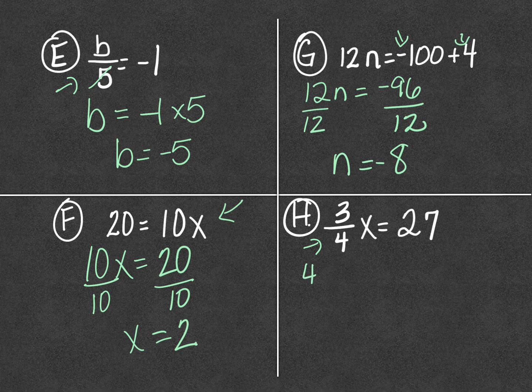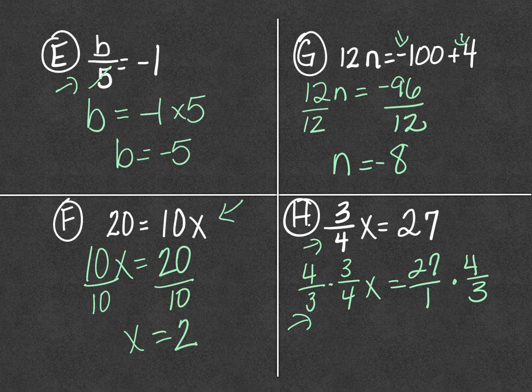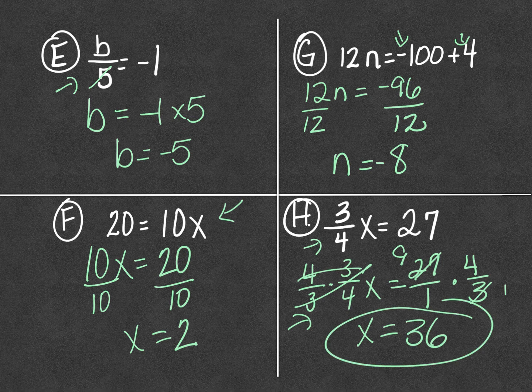So if you multiply 4 over 3 times 3 over 4 x equals, go ahead and put it over 1, 27 over 1 times the reciprocal, which is 4 over 3. This is going to cancel. You're going to have x equals, you can do some cross cancellation out here. 4 times 9 is 36, and that would be over 1, which would be 36. That would be your answer.